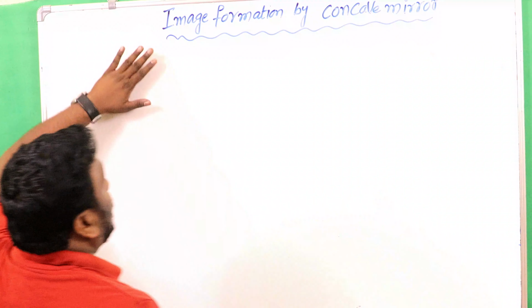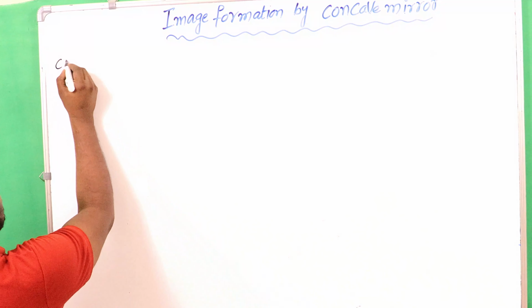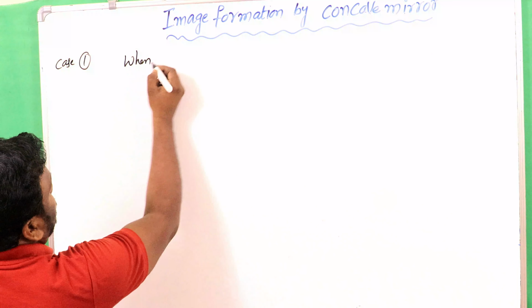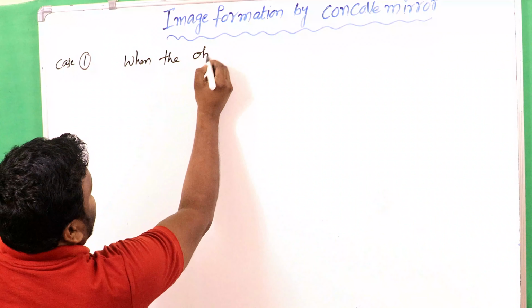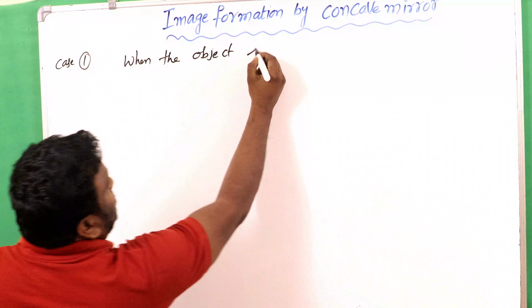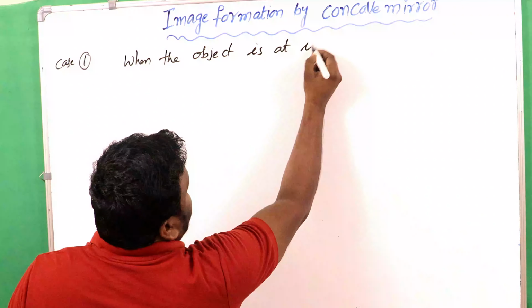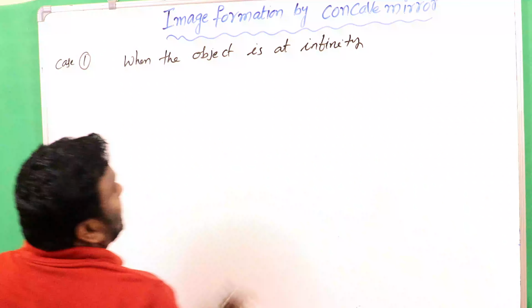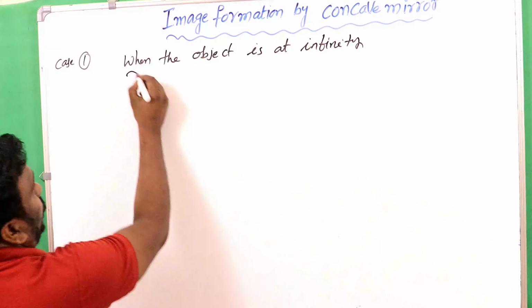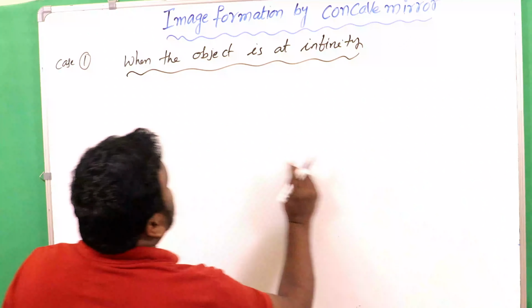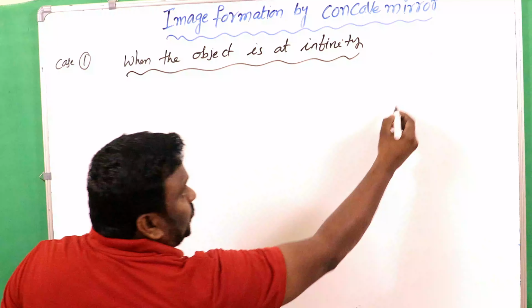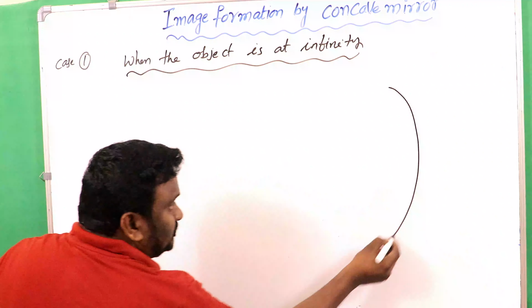Here, in image formation by a concave mirror, the first one, case 1: when the object is at infinity, what is the nature of the image? For that we have to draw the ray diagram.